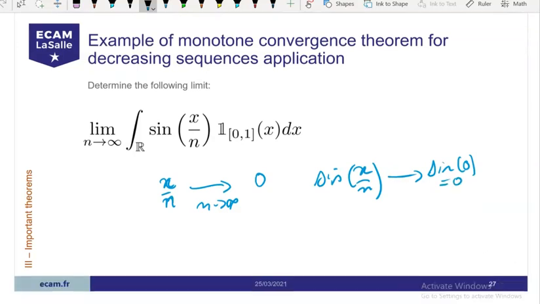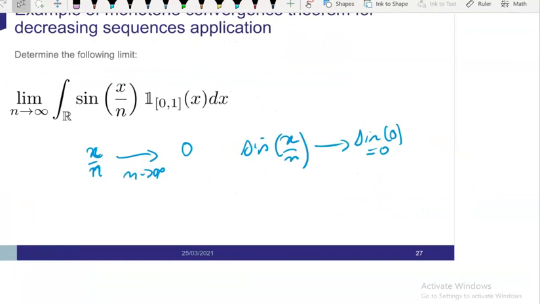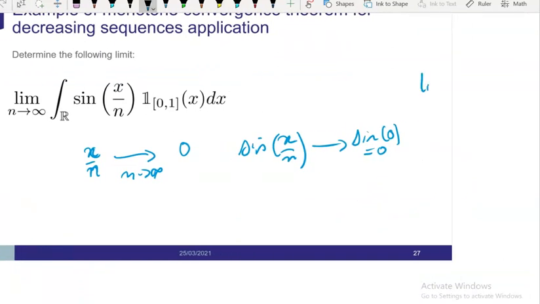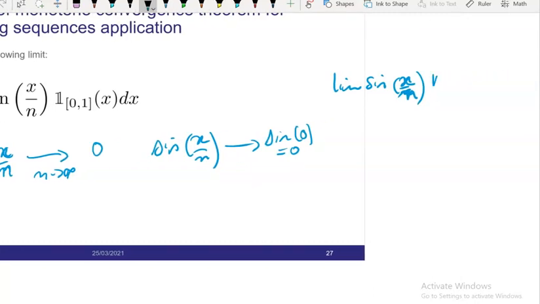So the limit of sine of x over n times the indicator of 0, 1 is going to be the zero function for all x between 0 and 1.